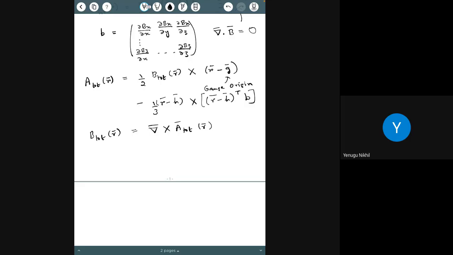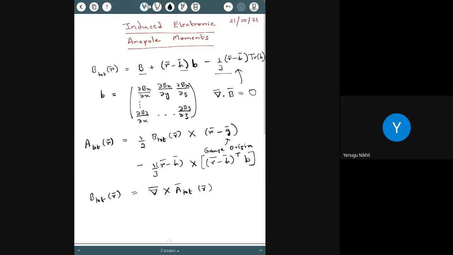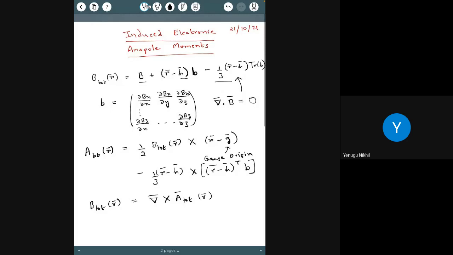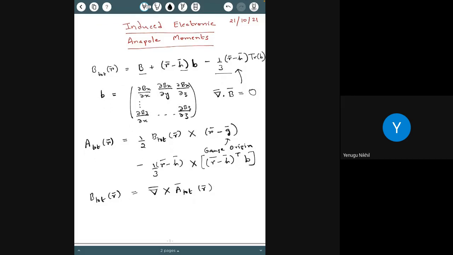Now we'll talk a little bit more about the B matrix. Let me say one more thing. If you shift around h, the net field will change. I mean, the total field that the molecule is subject to will change. But a shift in h basically amounts to a shift in the uniform part of the magnetic field.